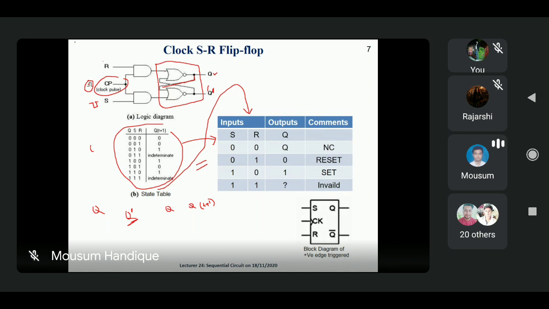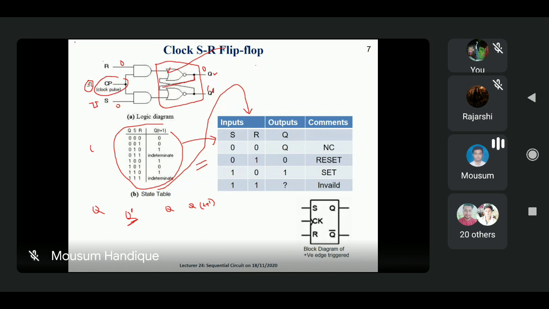If we use the circuit properly, we can clearly check that. In the last class I discussed how these bits are generated. So when S equals 0, and this one is R, and suppose our present state is 0, this 0 also behaves as an input of this NAND gate.